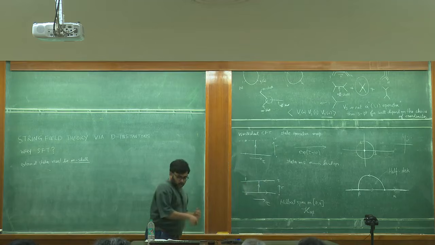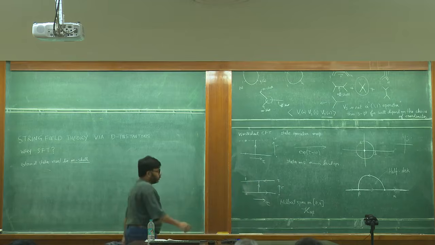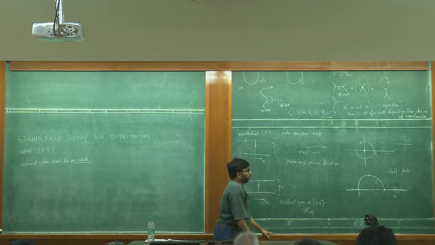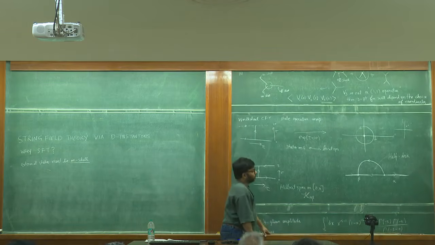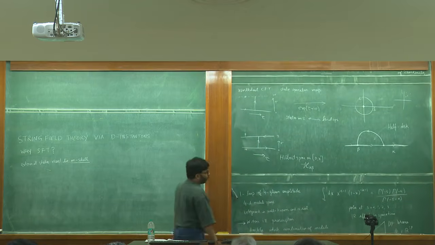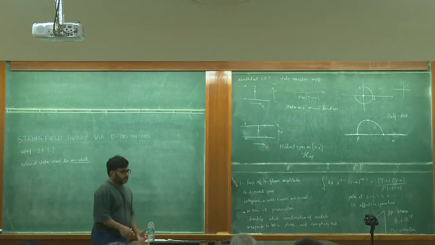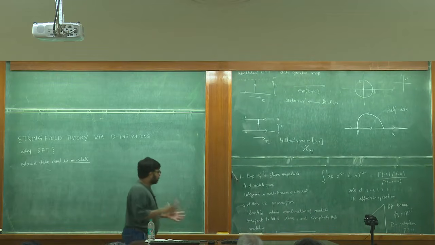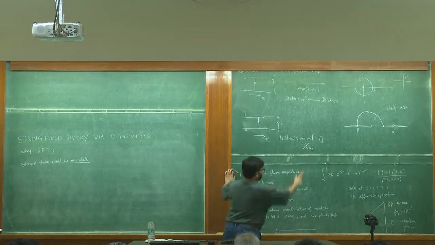Okay. So the idea is the following: if you want to write down off-shell amplitudes, you think of the vertex operator as having a native birthplace. It's always born in such a unit half disk.